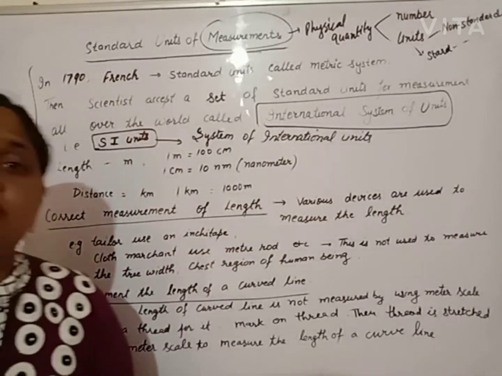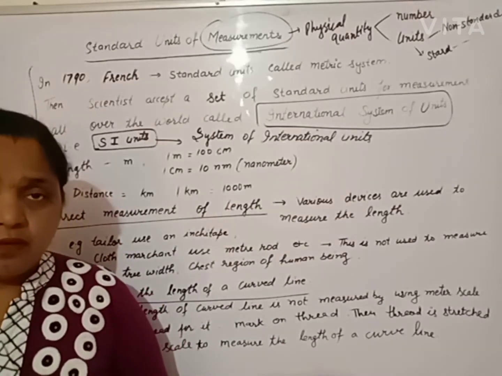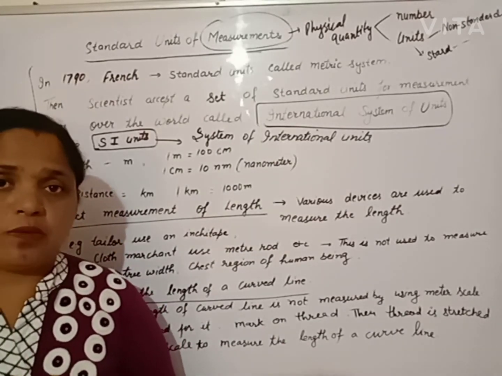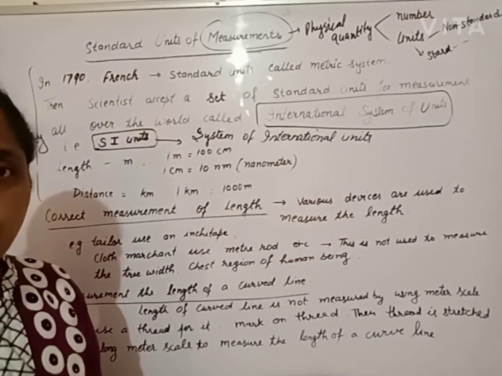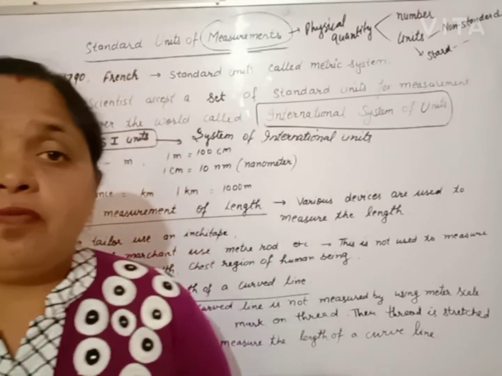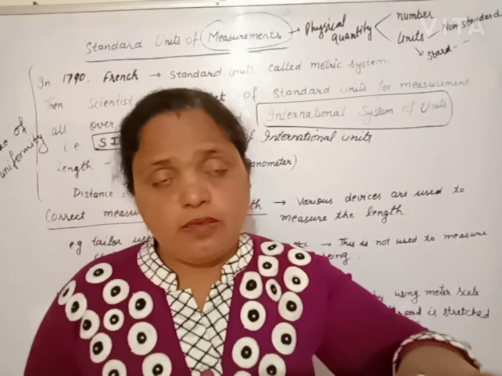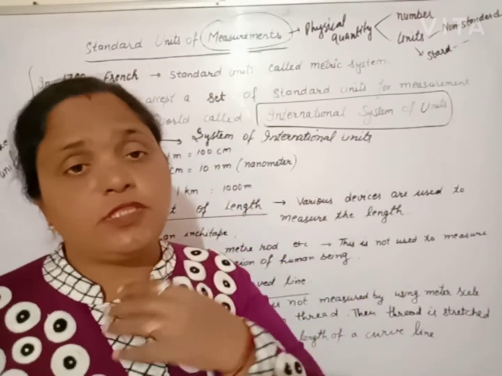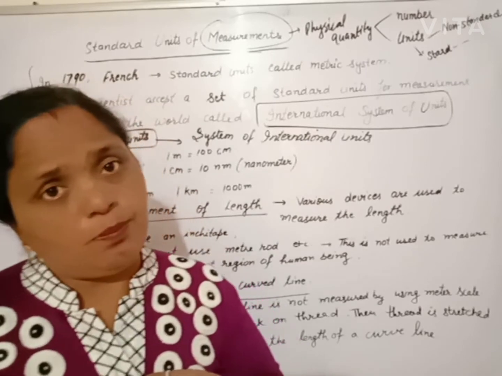If I want to measure the width of a trunk, can you use the metric rod? Answer: no, because a rod can't be folded. Clear? Inch tape is used for that. If I want to measure the width of the chest of any person, the metric rod is not used. For this, inch tape is used.